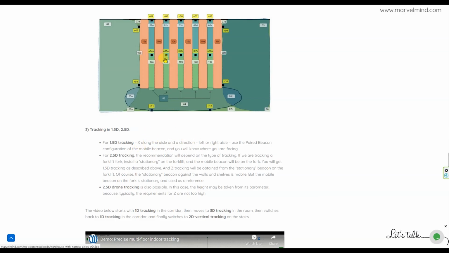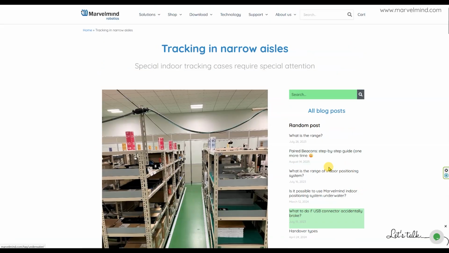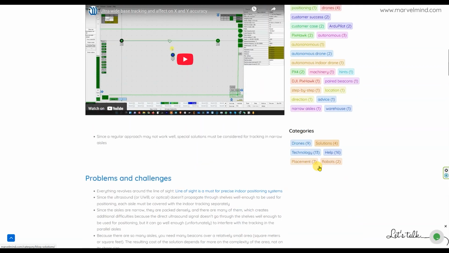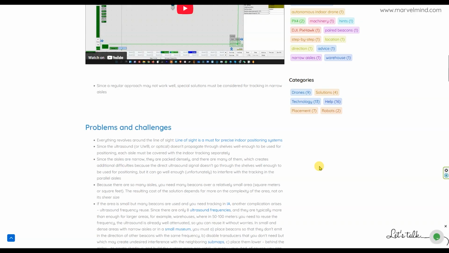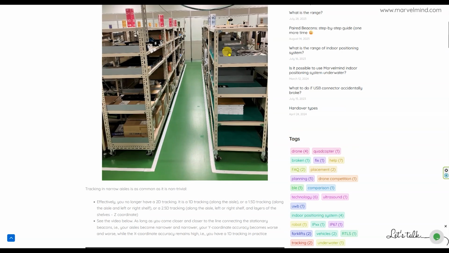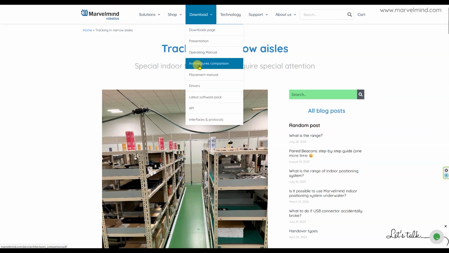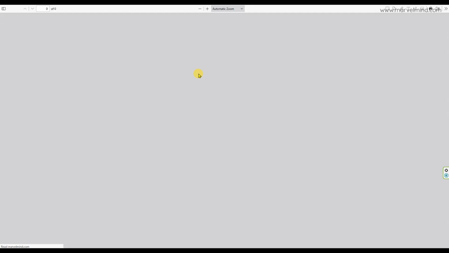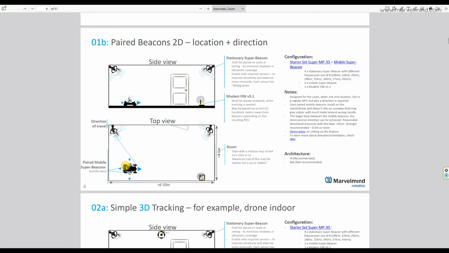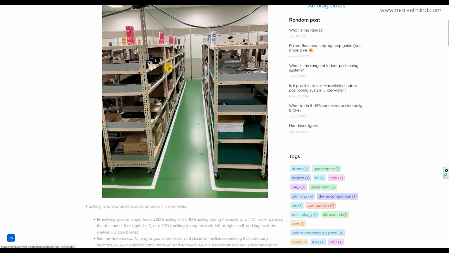So install two mobile beacons on your robot, for example, or on your forklift. And you can see it here in the placement manual, as we already saw. So install two mobile beacons, and then you know the location and the direction. So where your mobile beacon is facing, to the left shelf or to the right shelf. For example, like in this case.